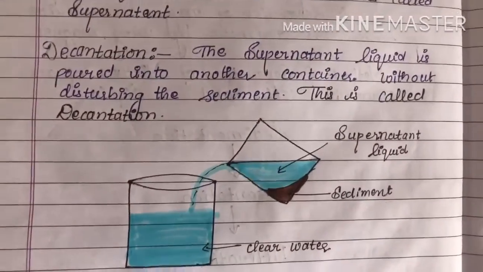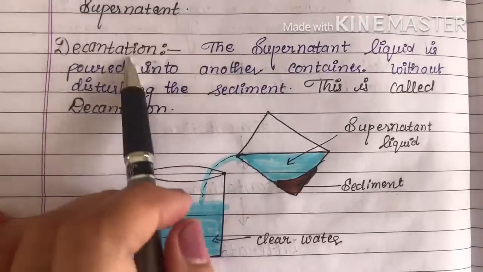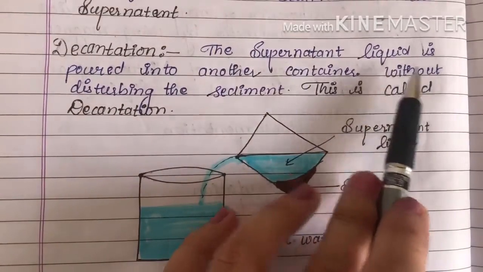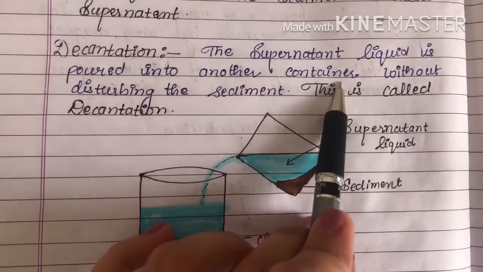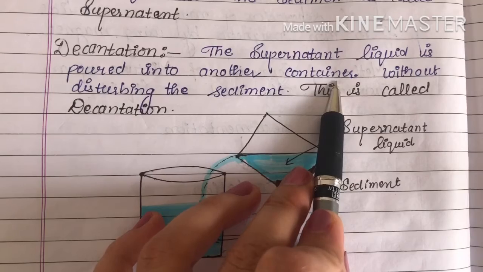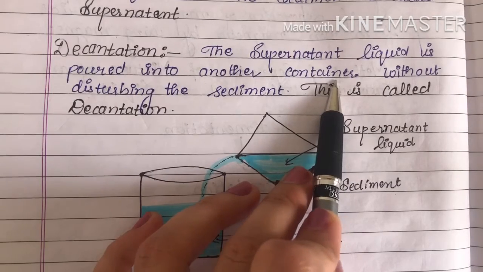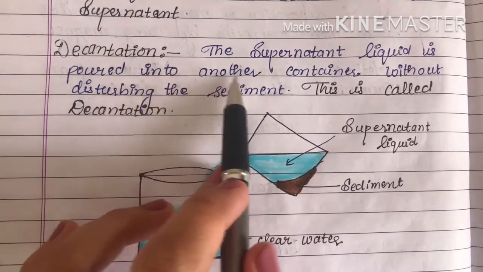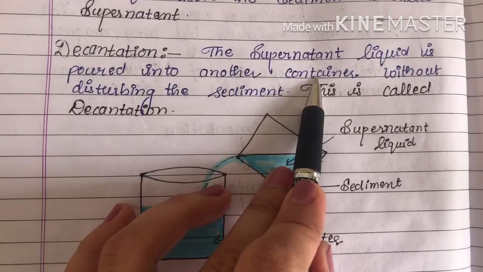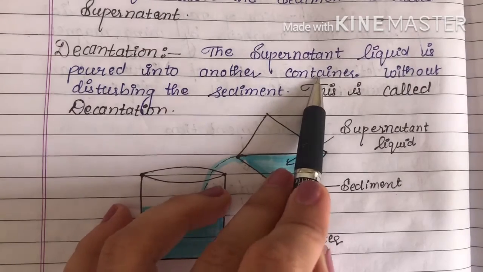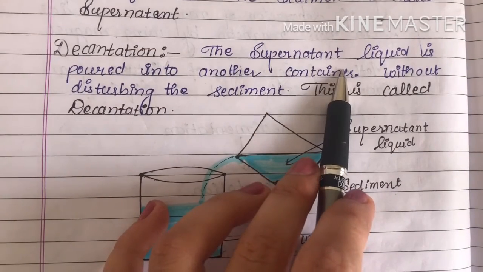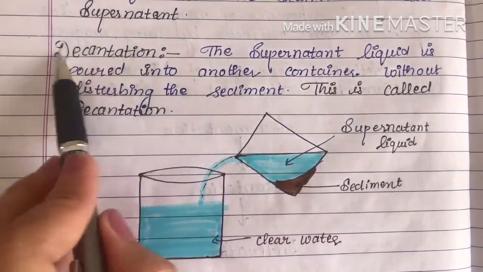The next method is decantation. The supernatant liquid is poured into another container, because it also contains some impurities. So for removing these impurities, we use decantation.